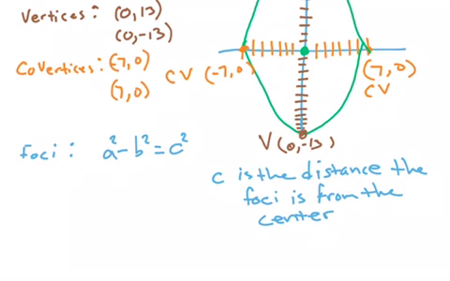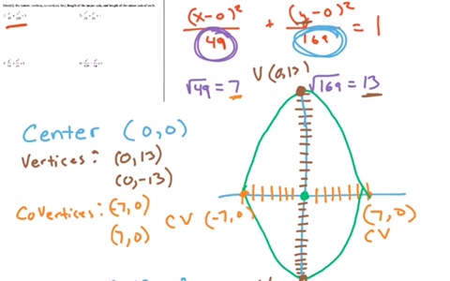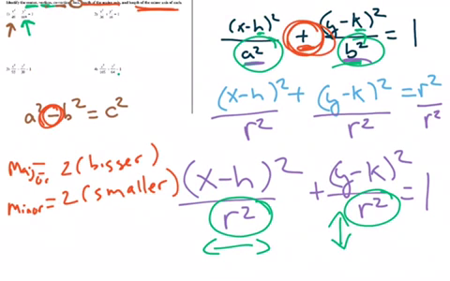Okay, now I have to make a little note here, and this will depend on what set of notes you look at. If we look back on the previous page, some people will always say whatever's under x is a and whatever's under y is b.